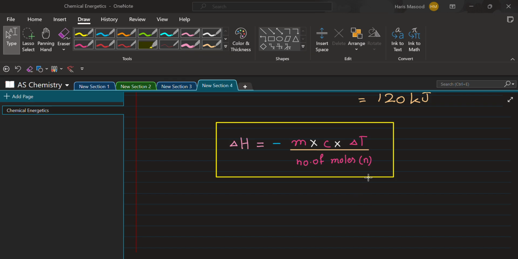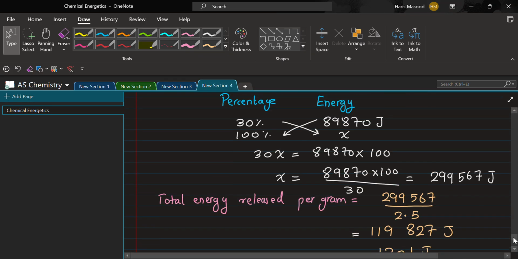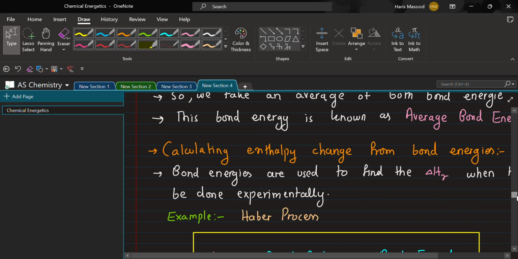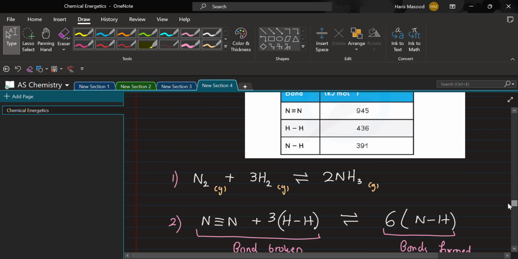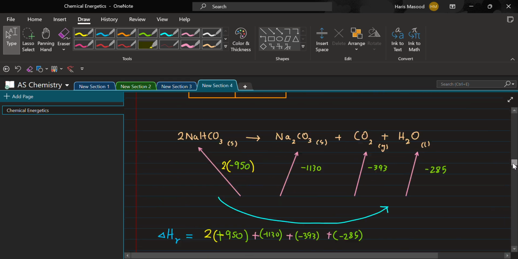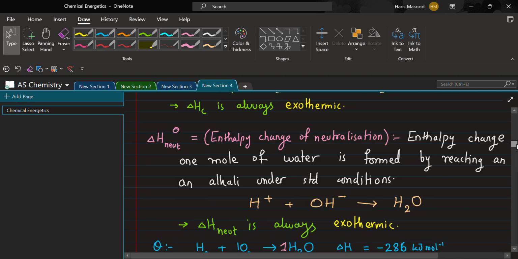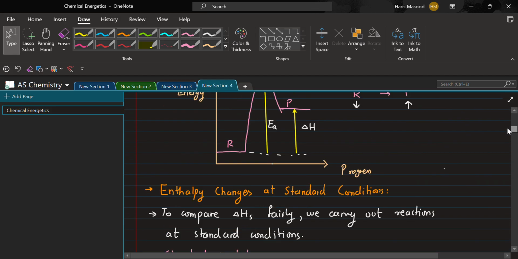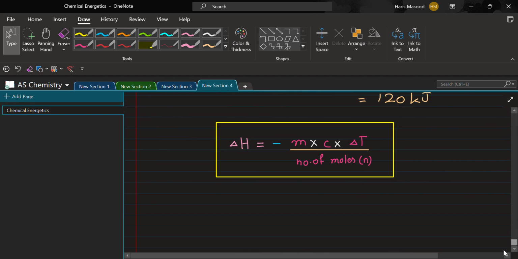Yeah, we need to get a basic idea of enthalpy change of atomization as well. I'll just write it here. So, enthalpy change of atomization.